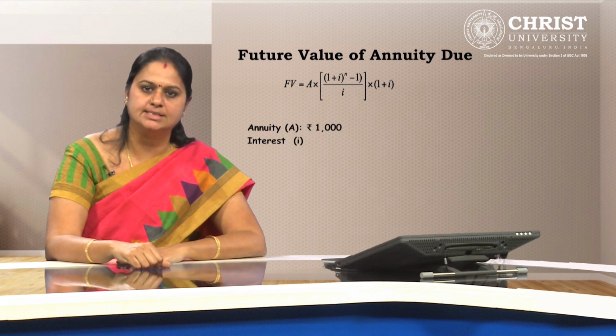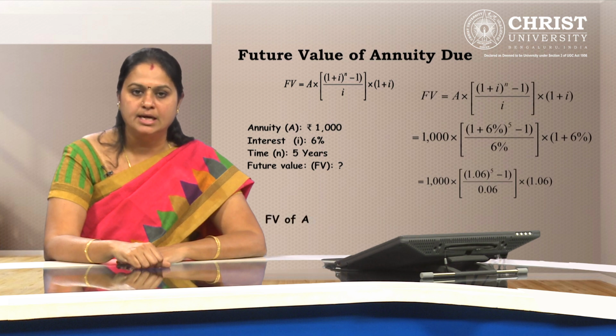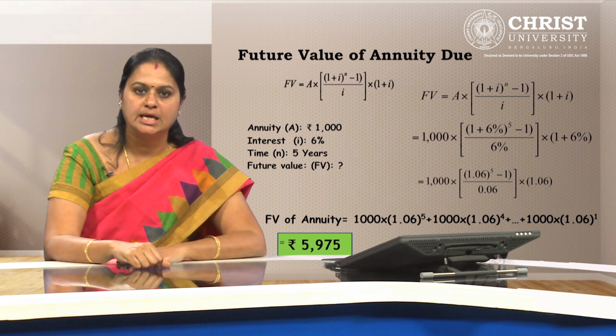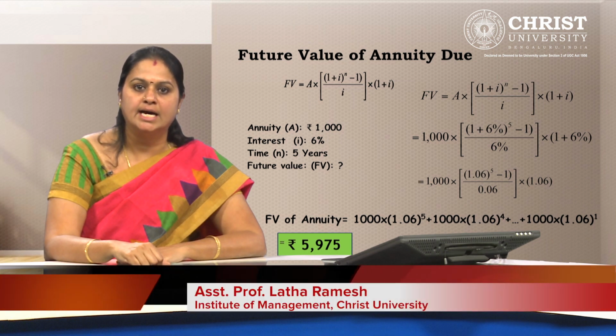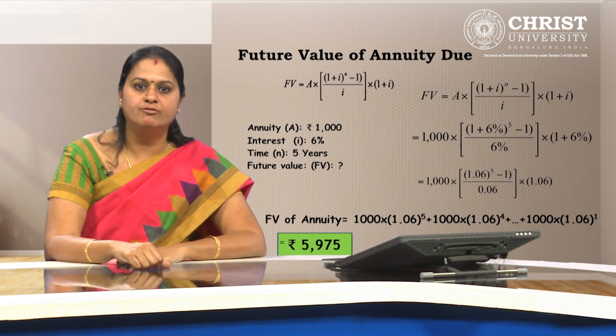Taking the previous example, just assume that the 1000 rupees is deposited at the beginning of the year. We find the compounded value after 5 years. We get 5975 rupees. Please note that it is higher than the ordinary annuity, obviously because interest rate is compounded for 1 more year.